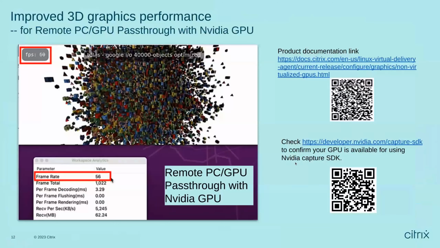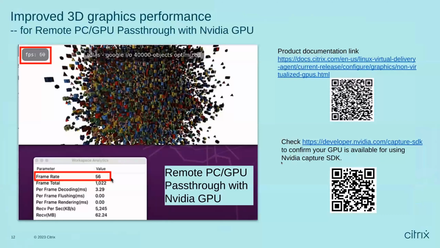Yeah, okay, and then outside of the vGPU scenario, this is not vGPU, so typically it's remote PC and GPU pass-through. So consider that you have a workstation with Nvidia or another GPU, then you can also connect it to Citrix with the CVAD solution or DaaS, and then it gets remote access to this remote PC.